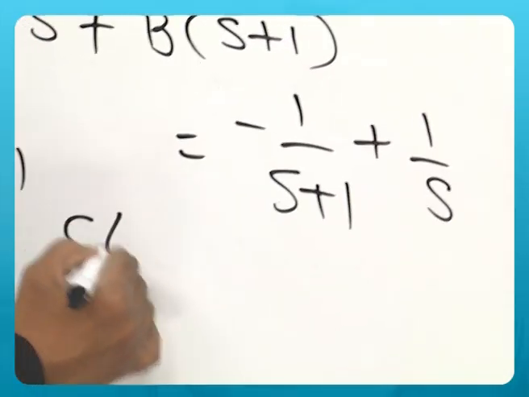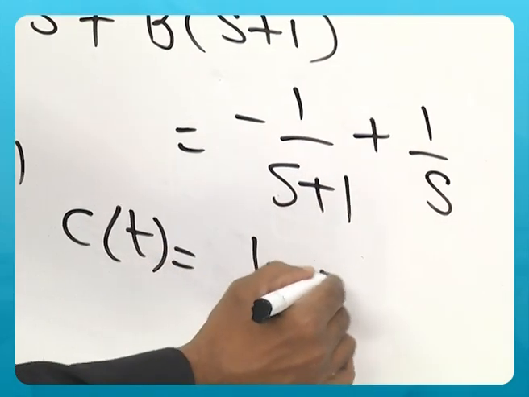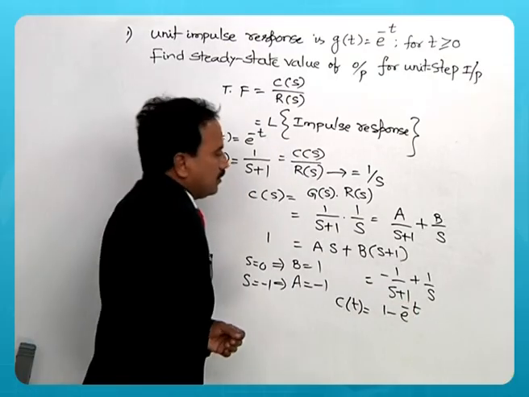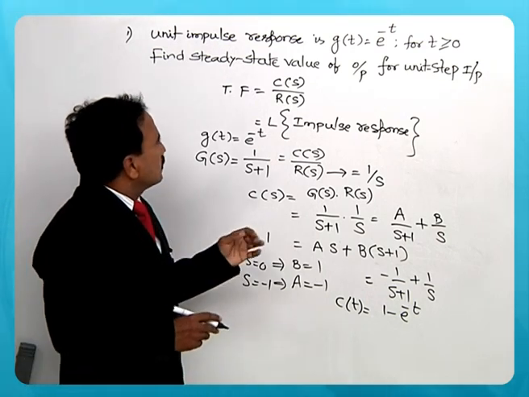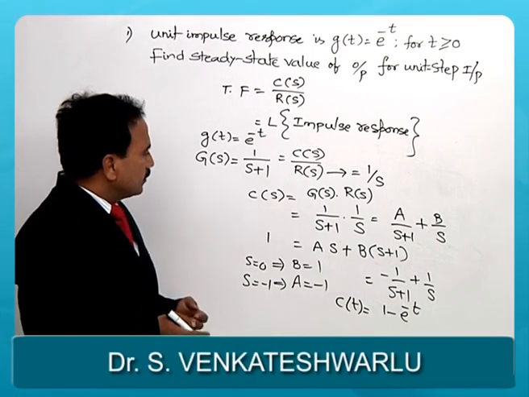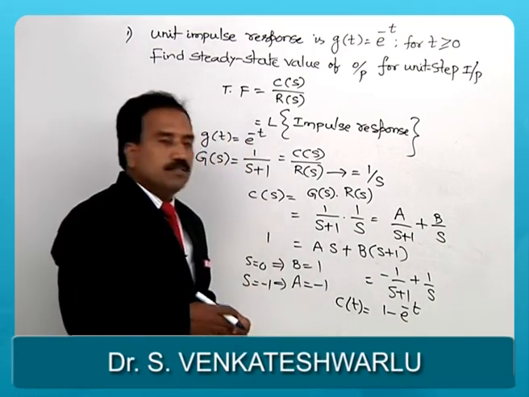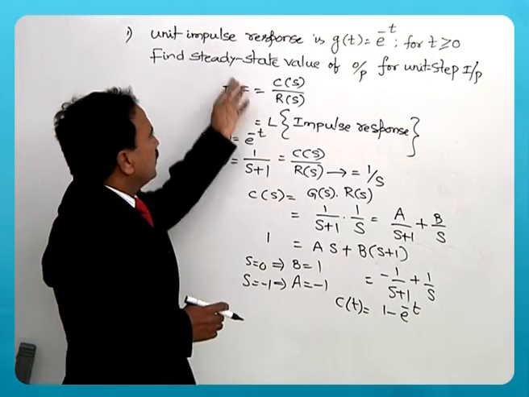Now C of t is 1 minus e power minus t. So the steady state response is as time approaches infinity. You need to substitute t as infinity and then find out the response at steady state.